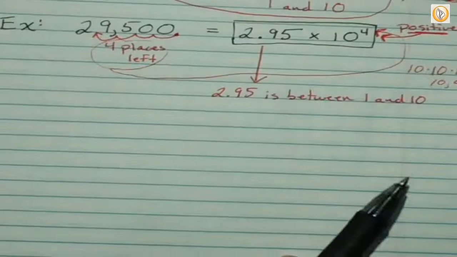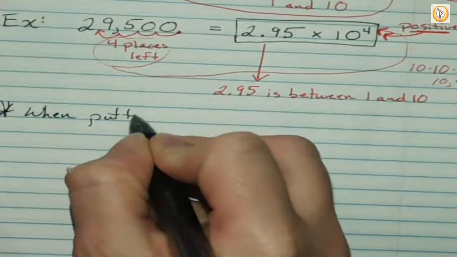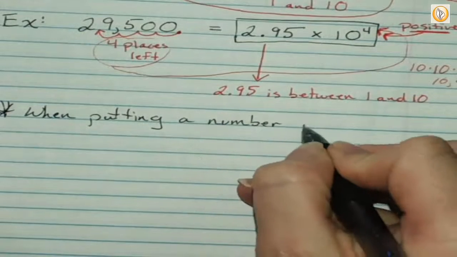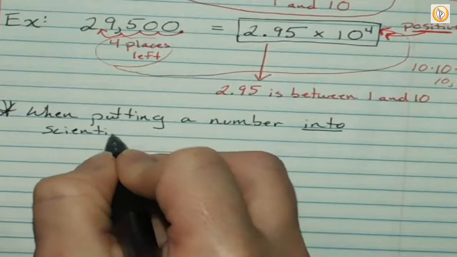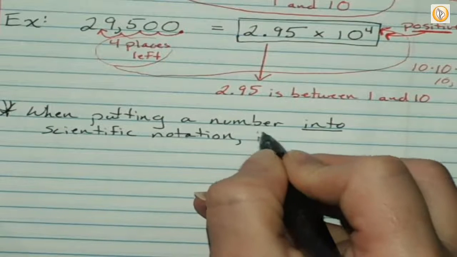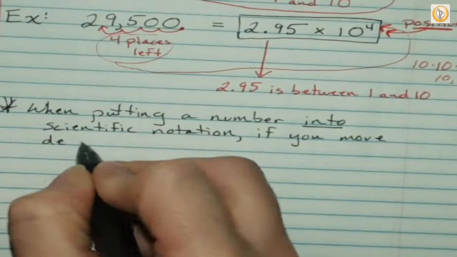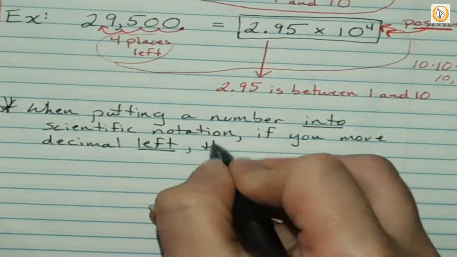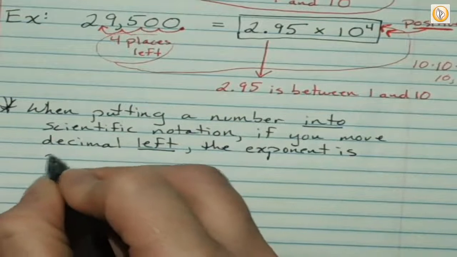All right, so more notes. When putting a number into scientific notation, if you move the decimal left, the exponent is positive.